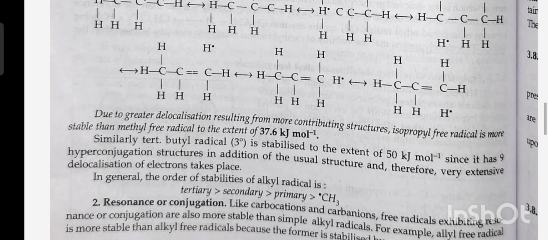Similarly, the tertiary butyl radical, tertiary, is stabilized to the extent of 50 kJ per mole since it has nine hyperconjugation structures in addition to the usual structure, and therefore very extensive delocalization of electrons takes place. In general, the order of stability of alkyl radicals is tertiary, secondary, primary and methyl.